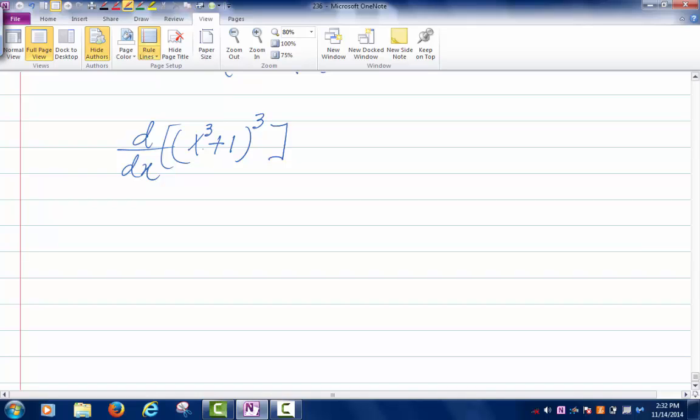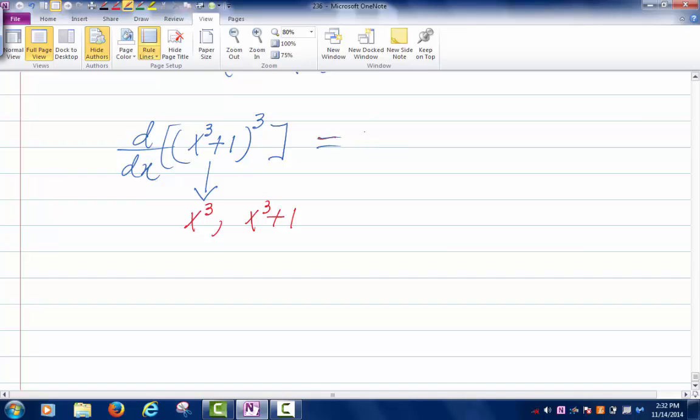Well, that function is the composition of what functions? It's the composition of x cubed and x cubed plus 1, right? So x cubed plus 1 is the inside of the composition. x cubed is the outside of the composition. You agree with that? So then, by chain rule, what's the derivative?